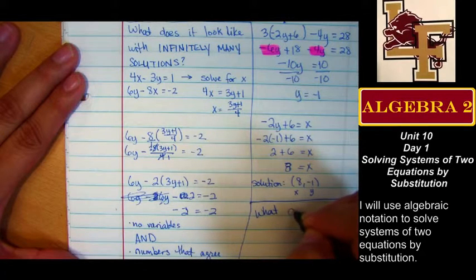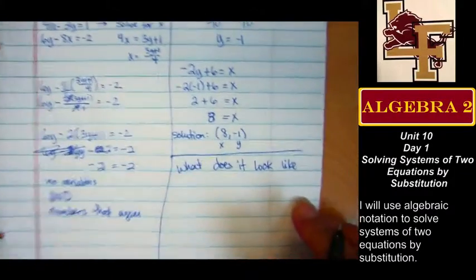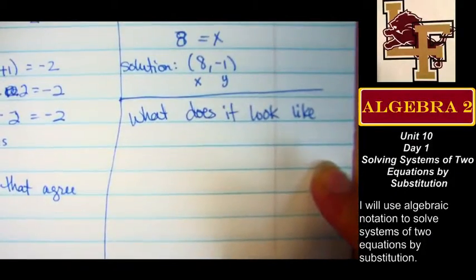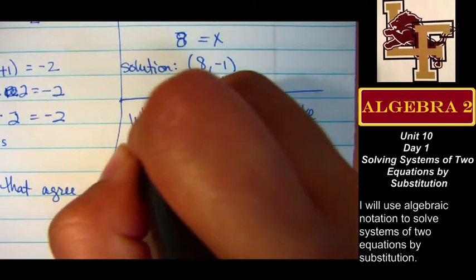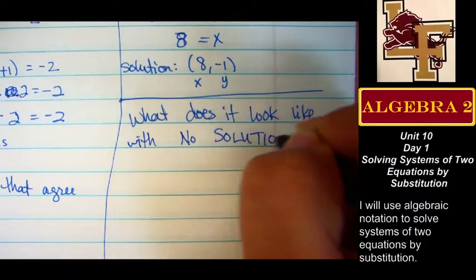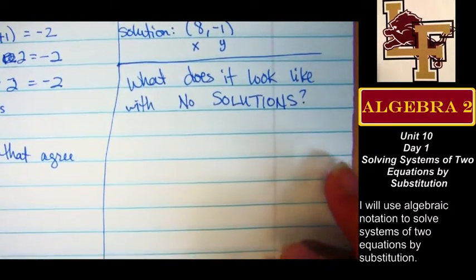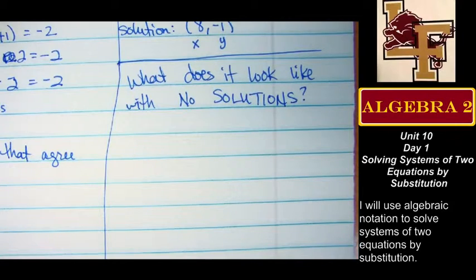So then the next question, and the last question: what does it look like with no solutions? You guys now are feeling really comfortable with isolating one of the variables and then sticking it into the other one and solving it down, right?